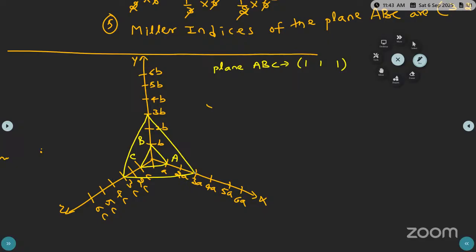This is plane DEF. For plane DEF, what are the intercepts? Tell me. We have to write the Miller indices for plane DEF. What is the procedure to write Miller indices? First, the intercepts. The intercepts are 3A, 3B, 3C. Next step?